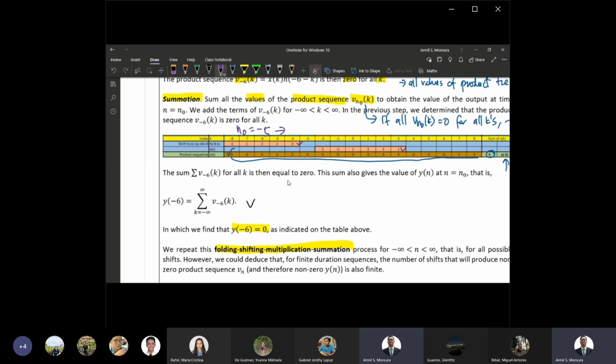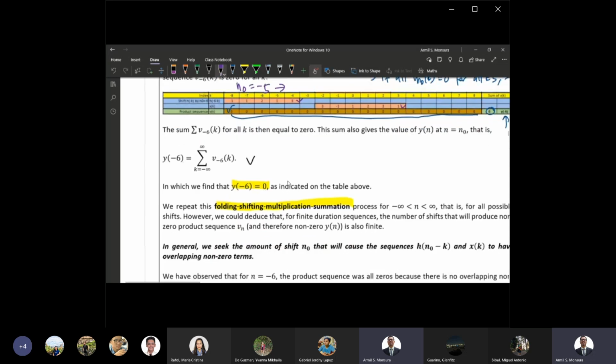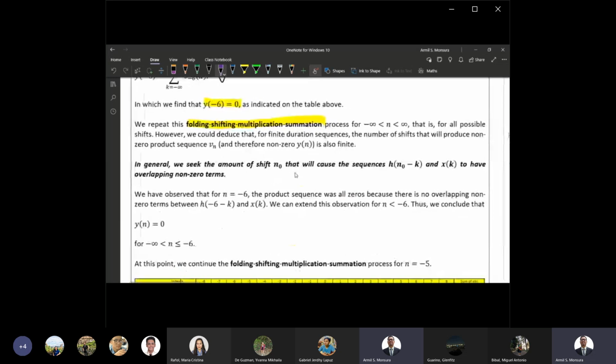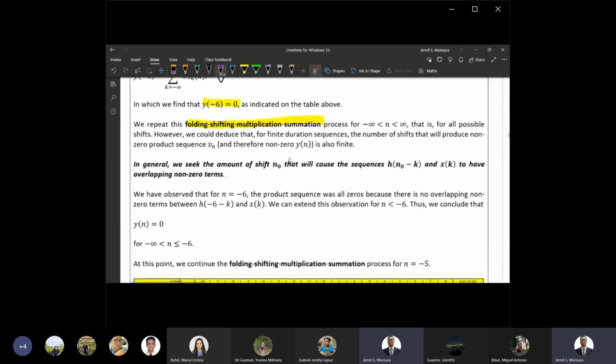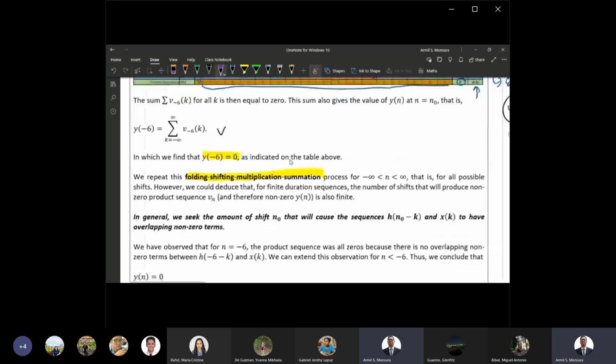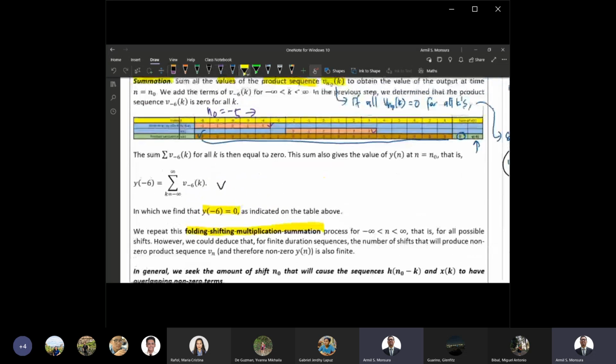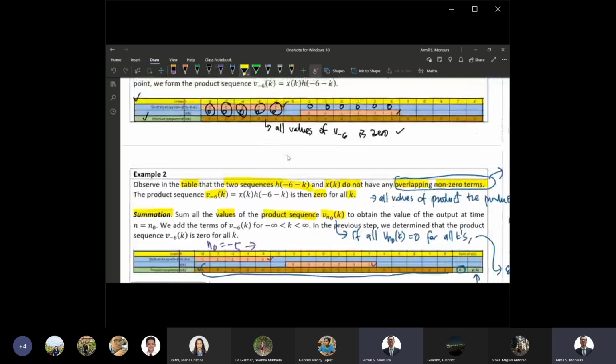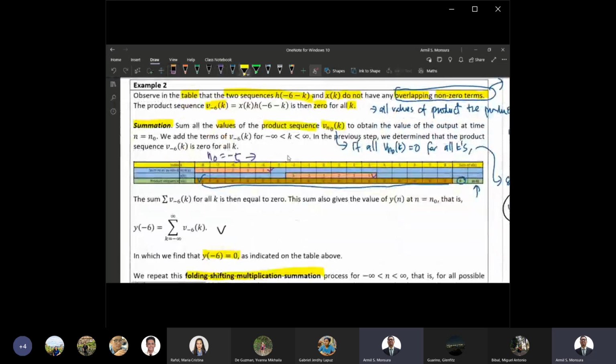Okay, so ulitin natin yun. Okay, so in this case, para mas madali din yung discussion, okay, dahil nakita ninyo naman na yung sense nung algorithm, at ano yung mangyayari or mga possibilities of what will happen for a finite duration signal.